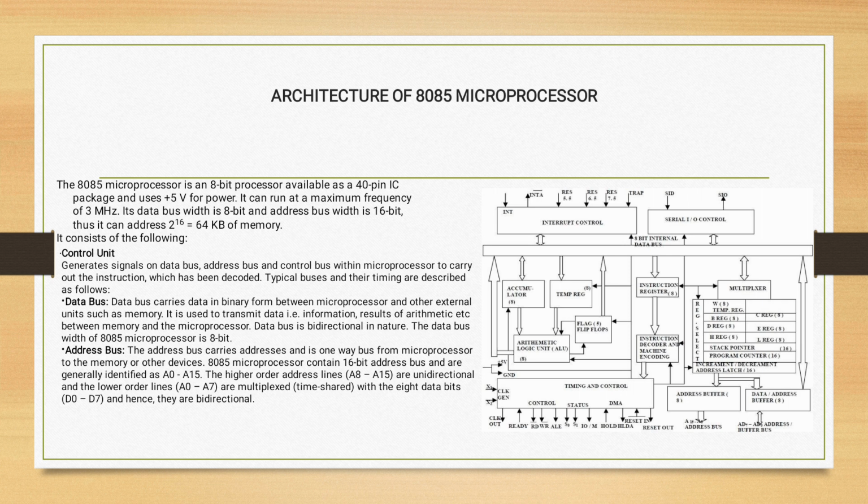And the higher order address lines from A8 to A15 are unidirectional, and the lower order address lines, segregated from A0 to A7, are basically multiplexed with time shared mode with the 8-bit data bus, for example D0 to D7. So finally we can say that the lower order address data lines are basically AD0 to AD7.